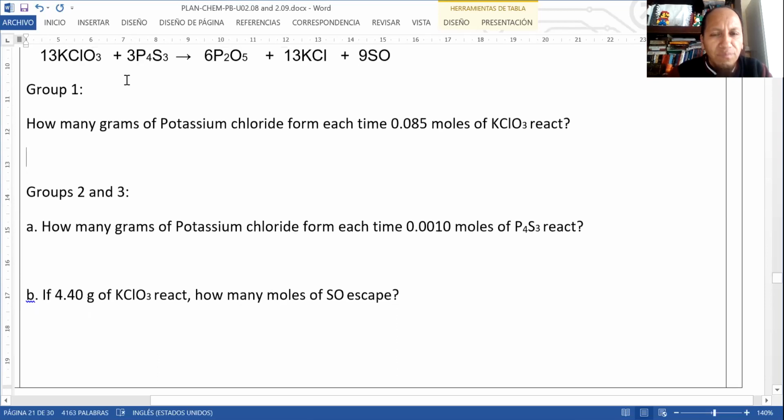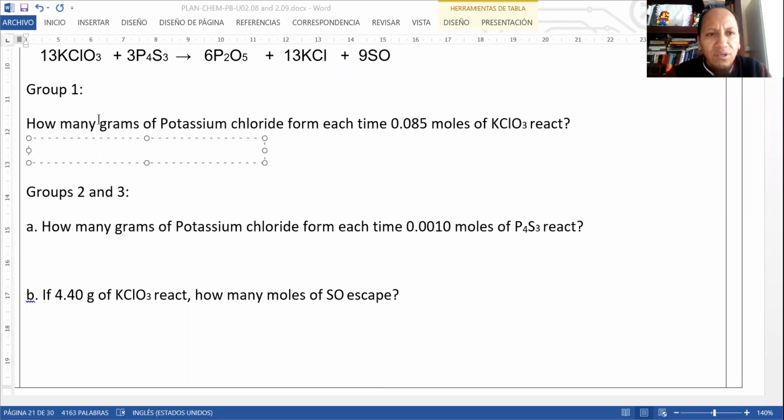I'm going to put it in the upper part of the reaction. You're going to write this one and underline what you have in the first place.